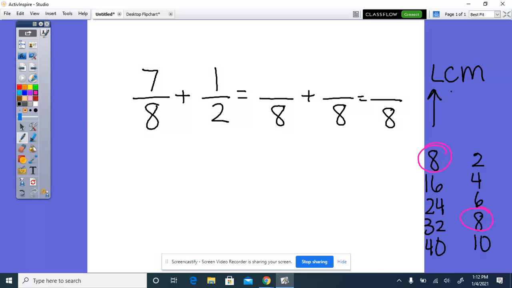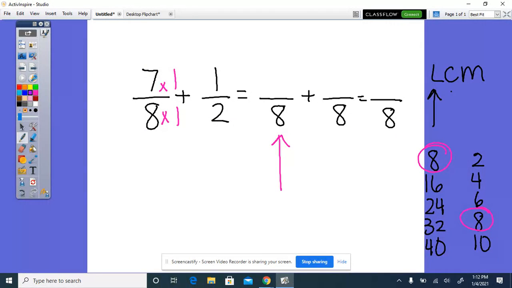Okay? Now, we cannot just change the denominator because we want to. It still has to be equal in value. So that means we need to ask ourselves, what do we multiply this 8 times to make it an 8? Well, nothing changed. So 8 times 1 is what we multiplied this 8 times to keep it an 8 on the other side.